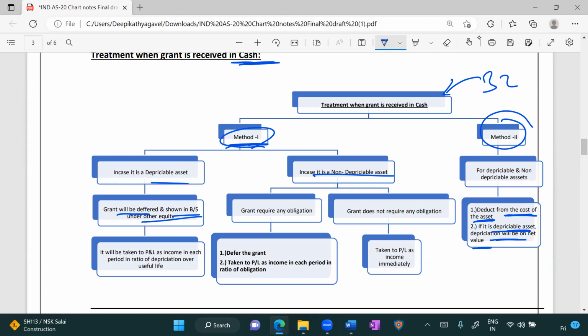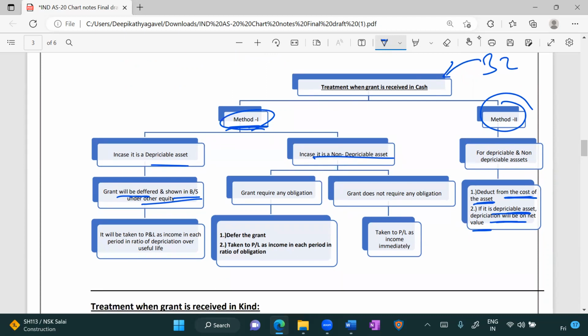It will be deferred and shown in the balance sheet under other equity, and it will be taken to P&L as income in each period in the ratio of depreciation over the useful life. So let's say it's for 10 years and the depreciation is 10%. In that ratio, you will take that deferred government grant to your P&L income, right?